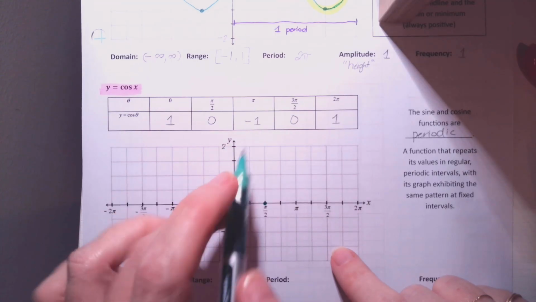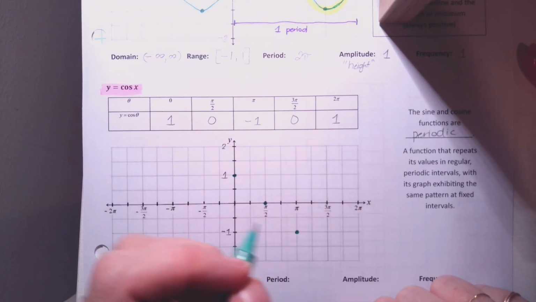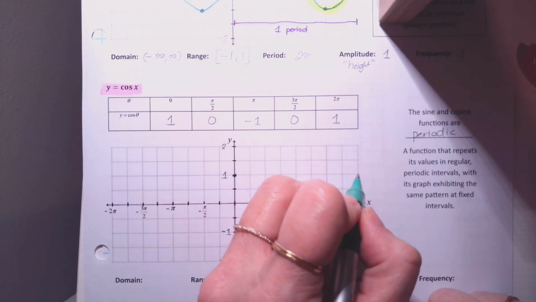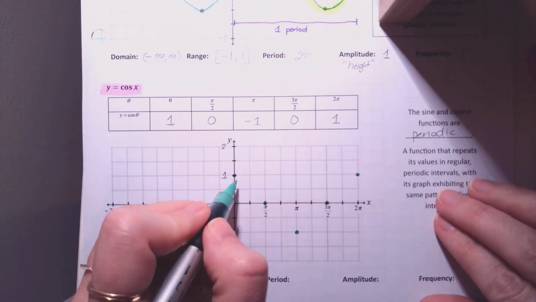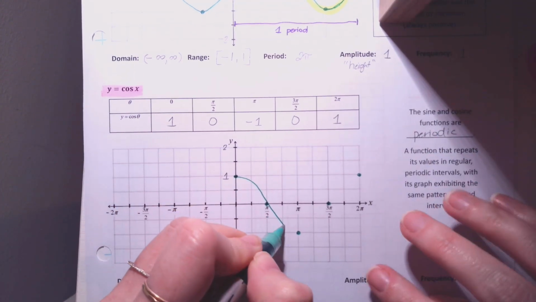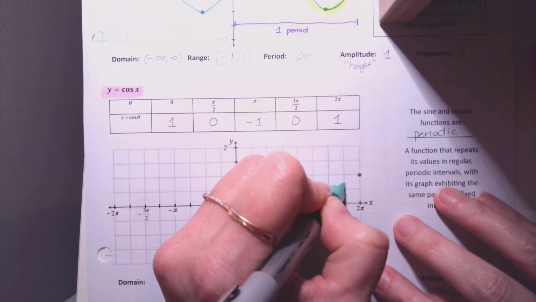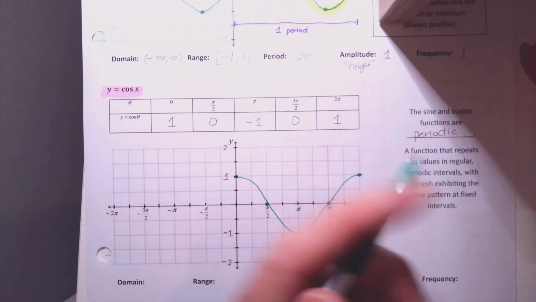Okay. At pi, it's at -1. At 3 pi over 2, it's back at 0. And then at 2 pi, it's up at 1 again. So you can kind of see how one cycle of the cosine graph looks slightly different than one cycle of the sine graph, although it does repeat the same pattern over and over and over.